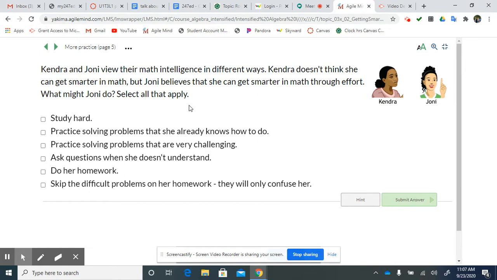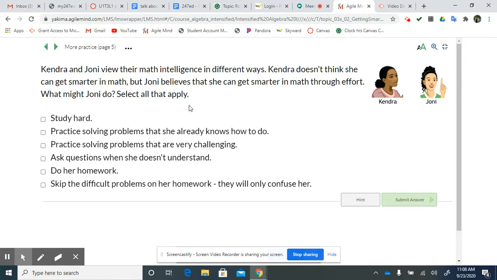Okay, so which ones of those you guys think you can do to get smarter in math? If you don't do your homework, that's a good way to get an F in math. Should you study hard?